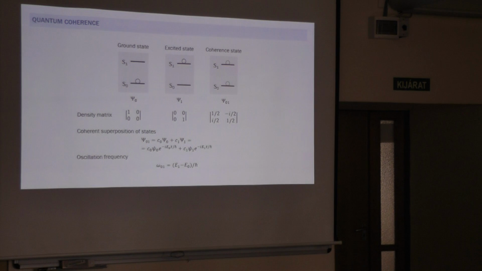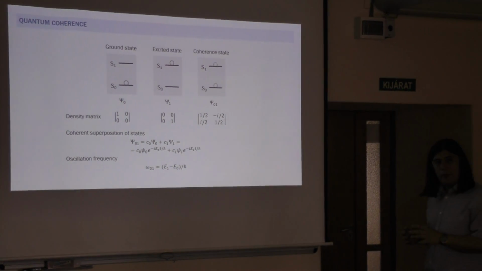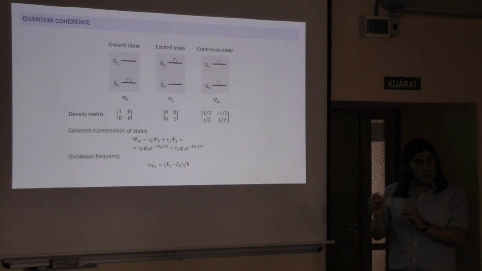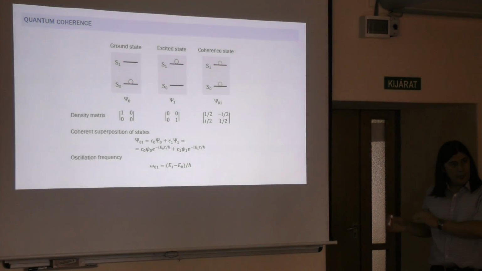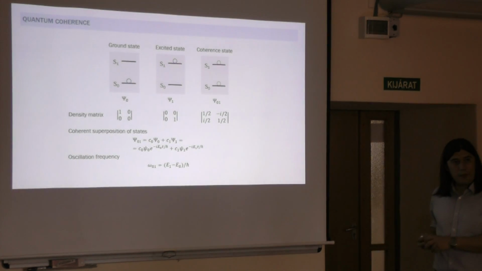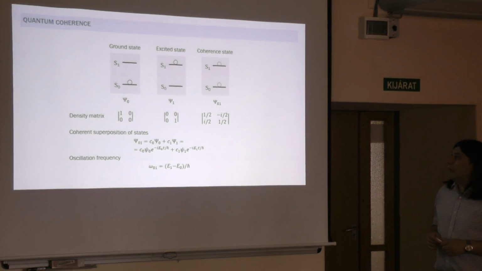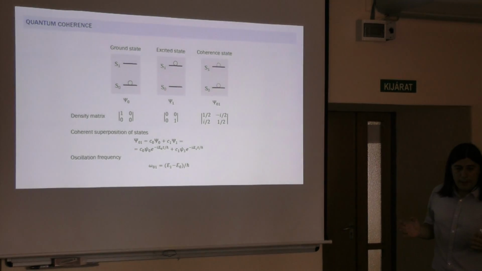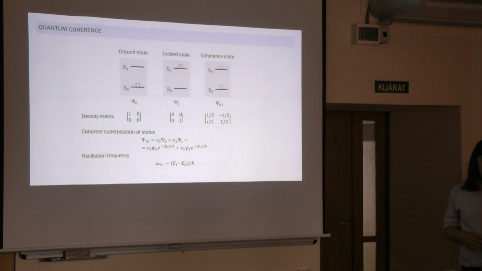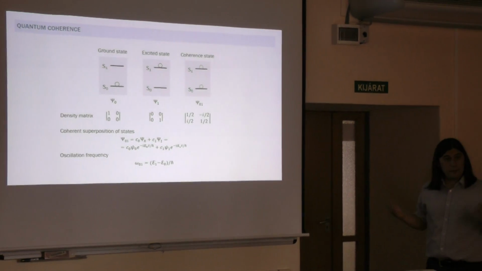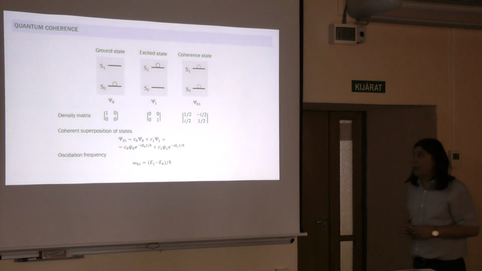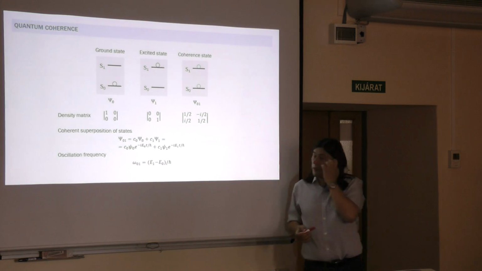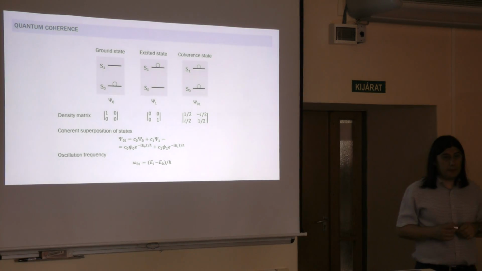These are eigenstates, so they are solutions of the Schrödinger equation. But we know any combination of solutions of the Schrödinger equation is also a solution of the Schrödinger equation. So any mixture of eigenstates is also a valid, pure quantum state, right? Only we call these states coherent superposition states, right?